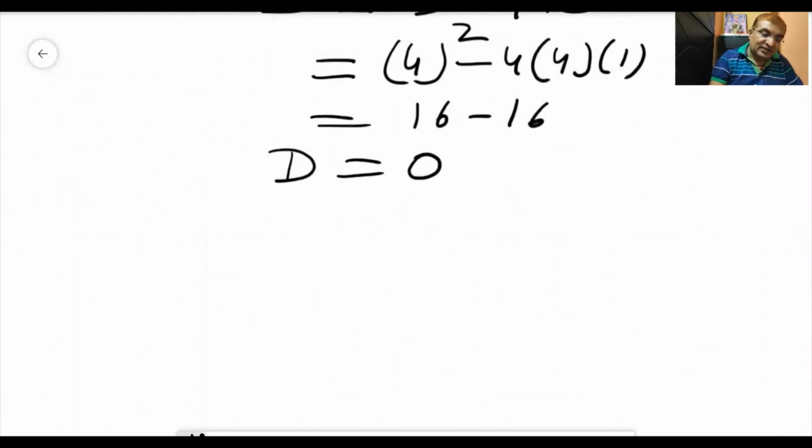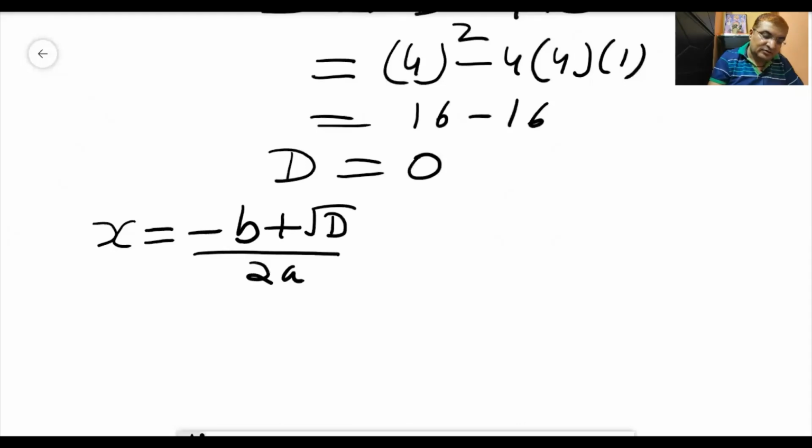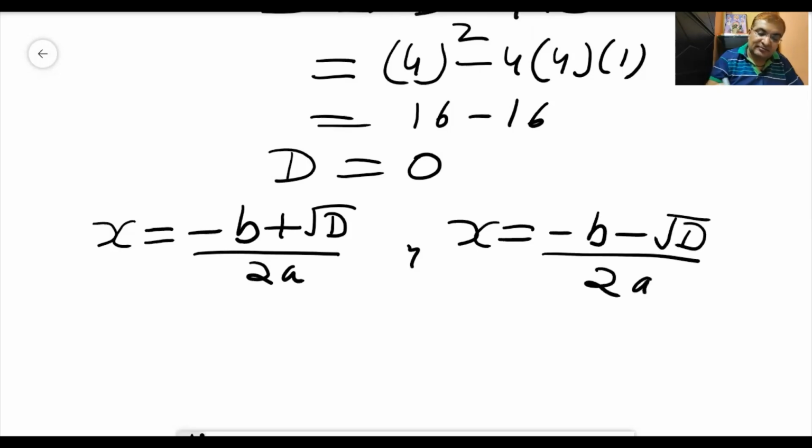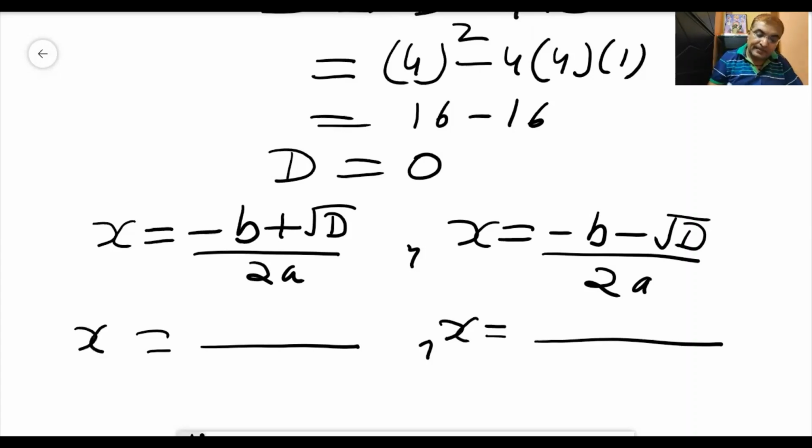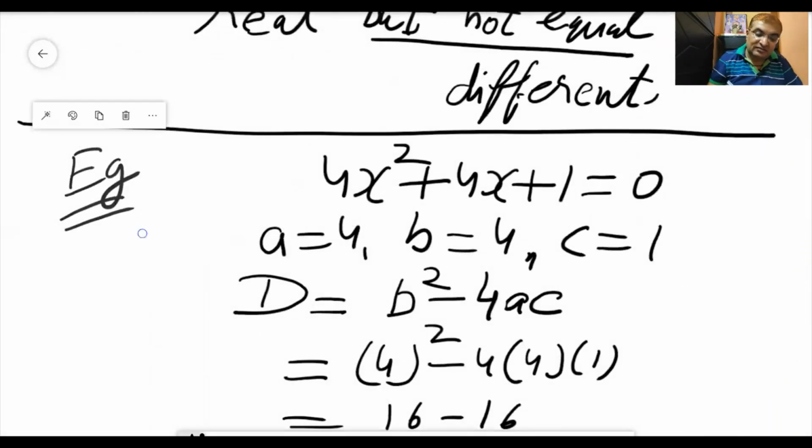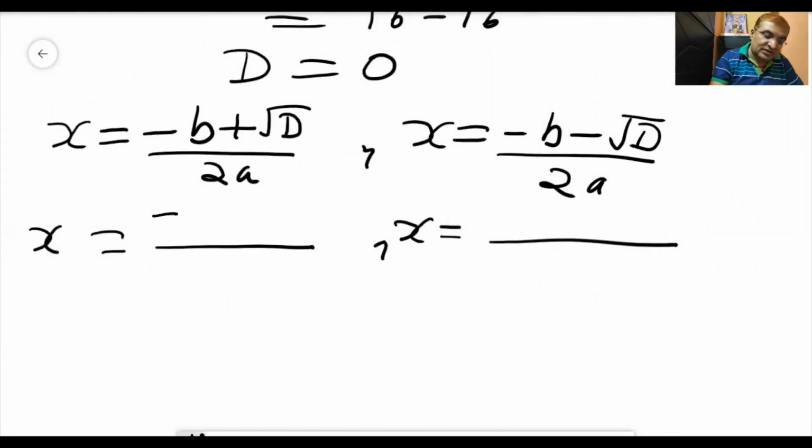And as we apply the two formulas, minus b plus root d upon 2a, these are the formulas of the roots. The other one was minus b minus root d upon 2a. And as we put the values of a, b, and d, just see here again b was 4, so let us put the value of b as 4 in both the cases, and root d becomes root 0.